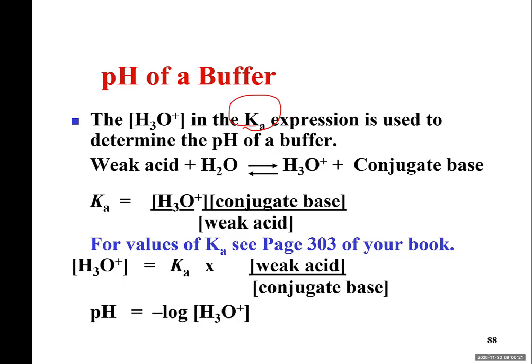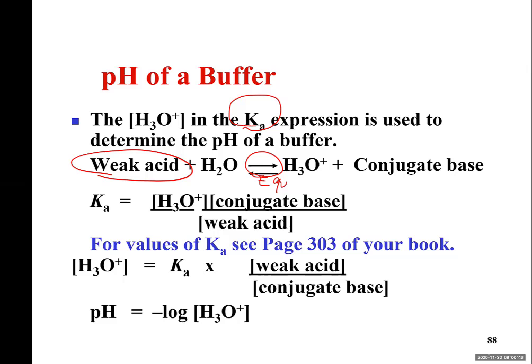So we said a buffer is made out of a weak acid. That's one of the components of a buffer system. What do we call a weak acid? What was the definition of a strong acid and weak acid? Weak acids do not ionize 100%.